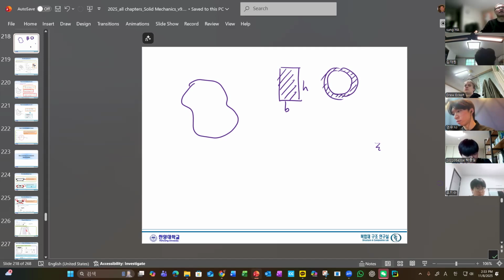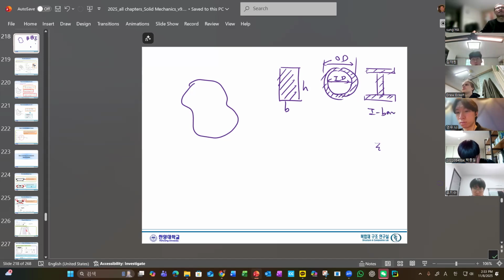This is the OD and ID. This is a typical one. And sometimes we have an I-beam like this. These are very important typical cases of beam cross sections.